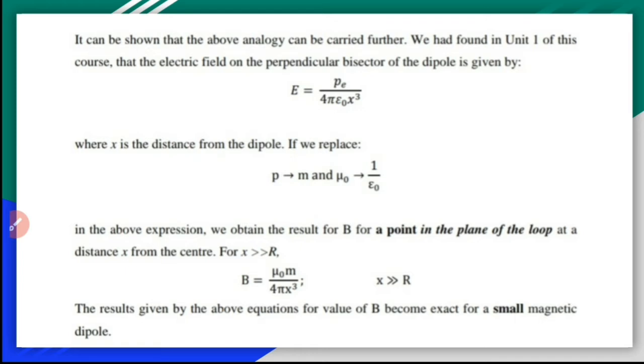If we take the expression for electric field due to an electric dipole at an equatorial point, we have the expression E = Pe divided by 4 pi epsilon 0 x cube, where Pe is the electric dipole moment. And if we replace E with B, Pe with m, and 1 by epsilon 0 with mu 0, we have the expression B = mu 0 m divided by 4 pi x cube.